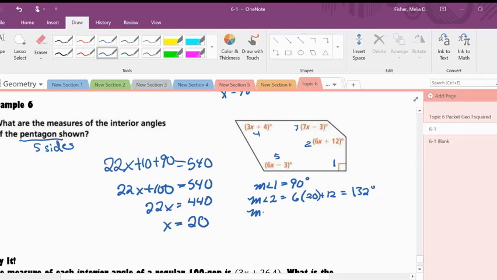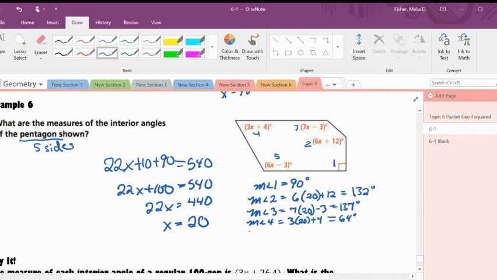The measure of angle 3 is 7 times 20 and then minus 3, which is 137. The measure of angle 4 is 3 times 20 plus 4. 3 times 20 is 60, plus 4 is 64 degrees.